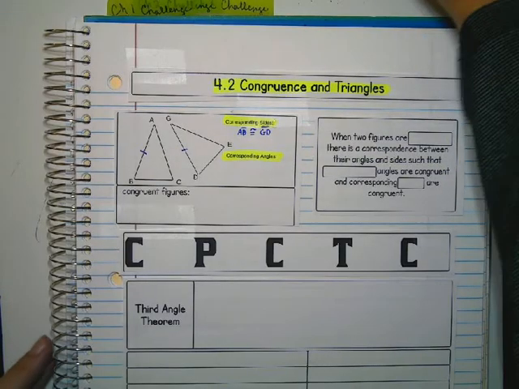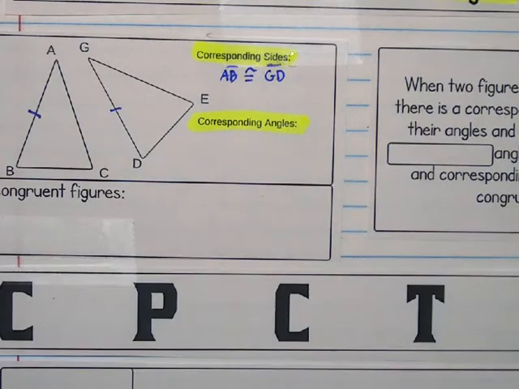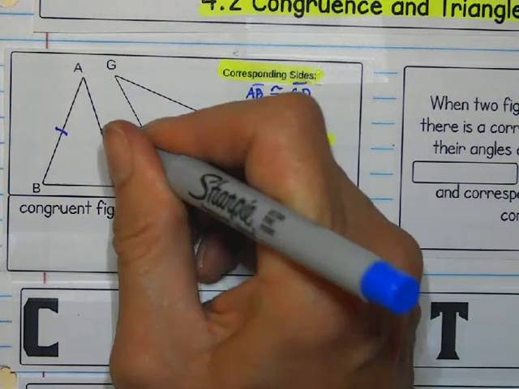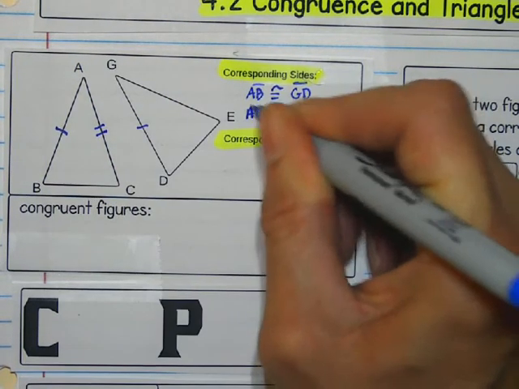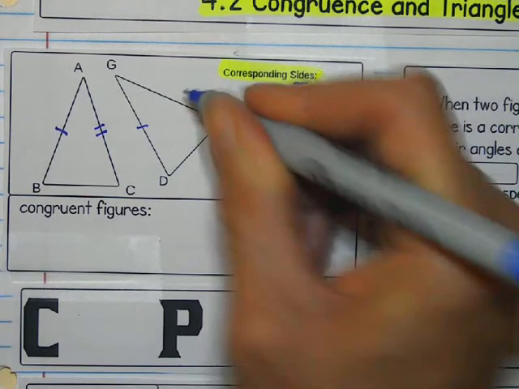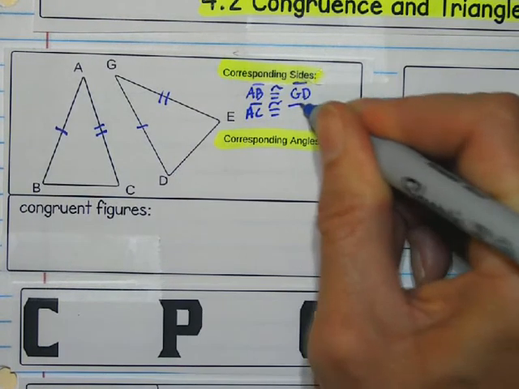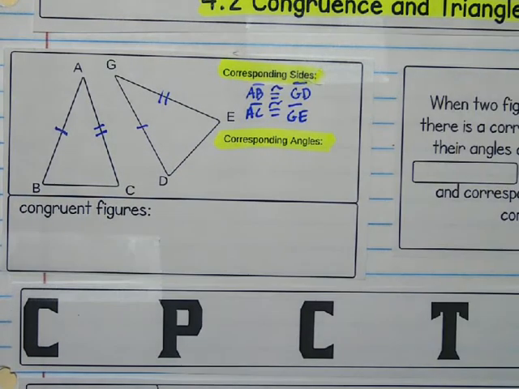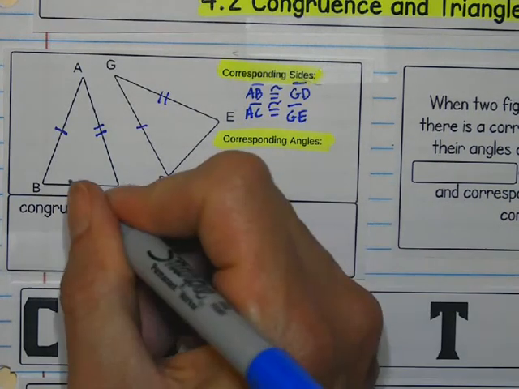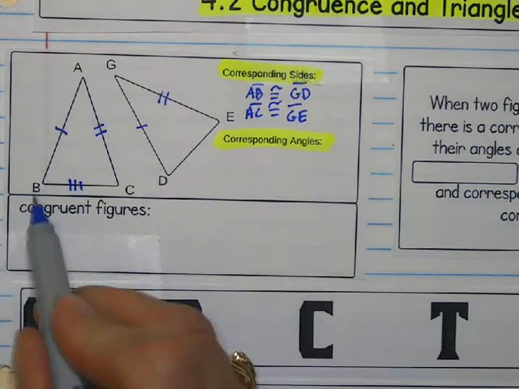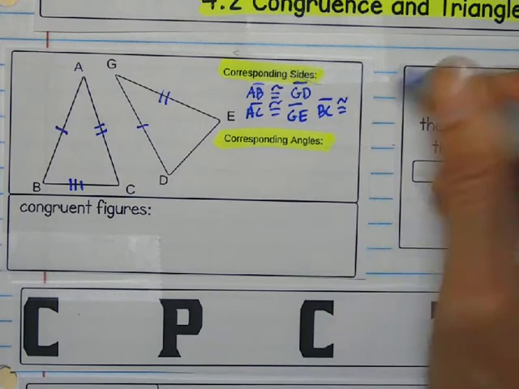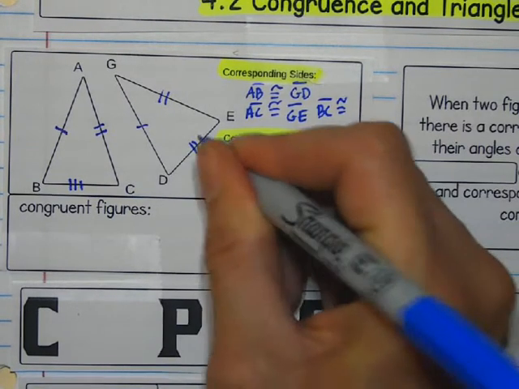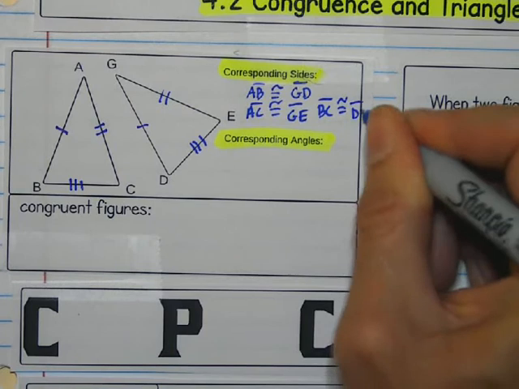Then we want to say that line segment AC is congruent to line segment GE. So we are talking piece by piece about what parts of these triangles are congruent. And then last, line segment BC is congruent to line segment DE. Those are the three corresponding sides.